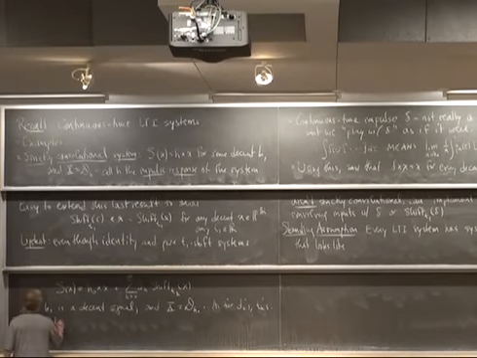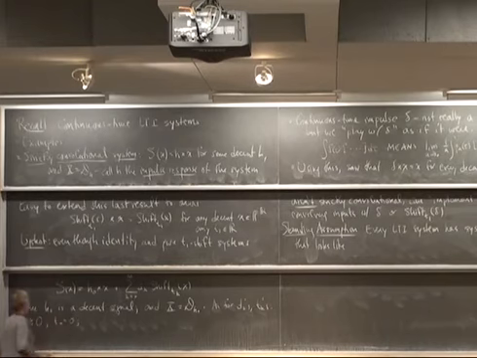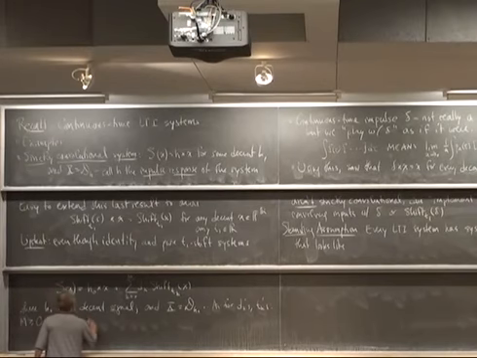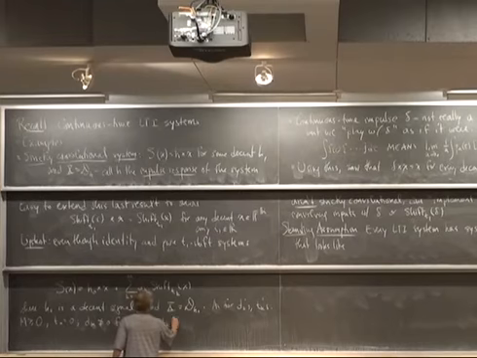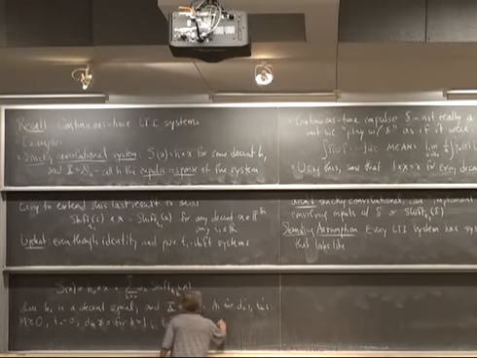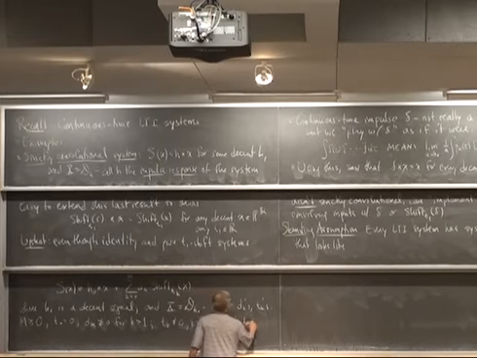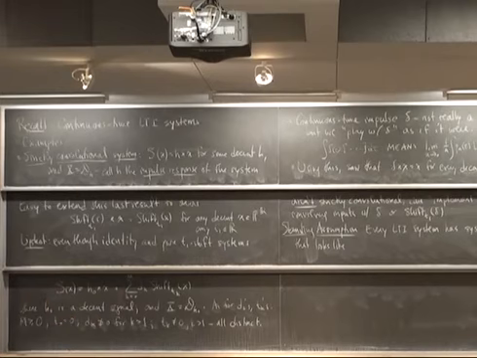D0 might be 0, but the dk's for k bigger than 0 are non-zero. So dk is not equal to 0 for k bigger than 0, and tk is also not equal to 0 for k bigger than 0. And they're all distinct.